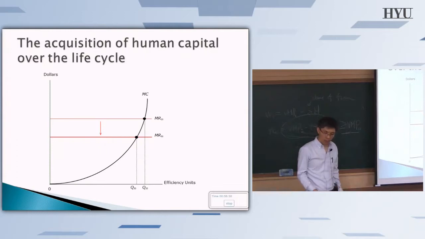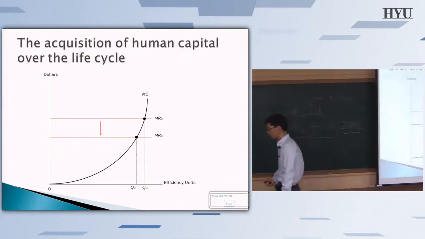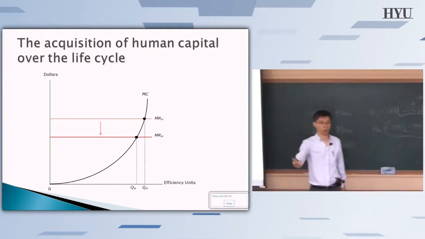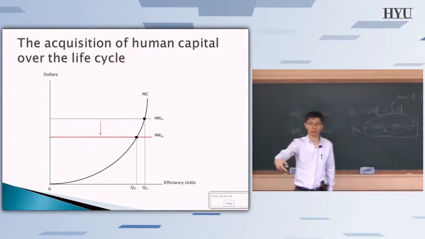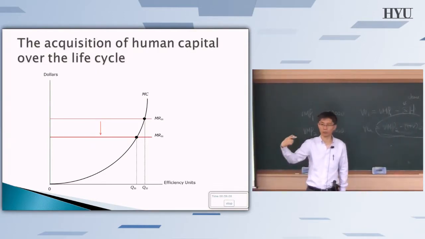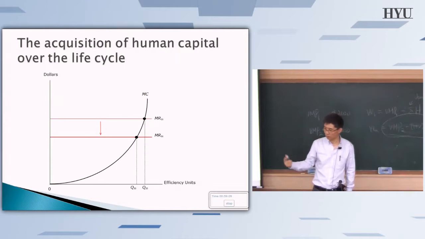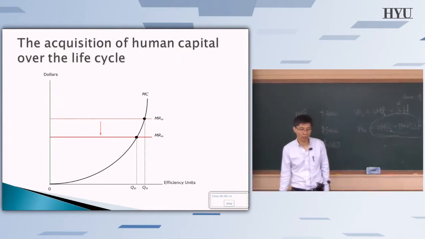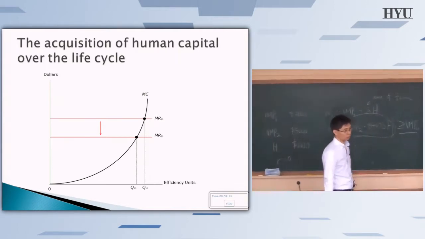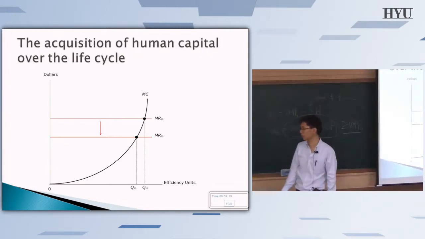While they are being trained, it's more likely that they should pay for the cost. So younger workers get more training and they have to pay a higher cost because they get more training. In general, their income must be lower because of paying for the training.